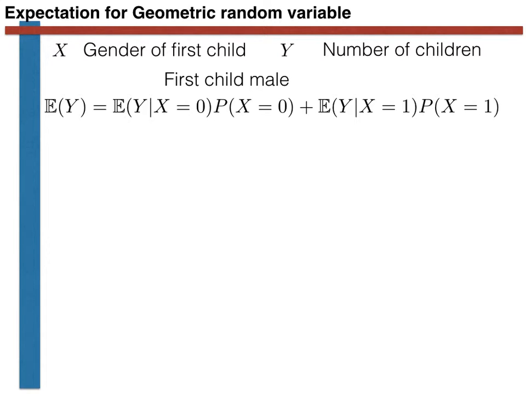The second term, in which capital X equals 1, thus concerns what happens if the first child is female. We are told the probability of having a female child in the question is equal to p, and so we can substitute p for x equals 1 and 1 minus p for x equals 0.